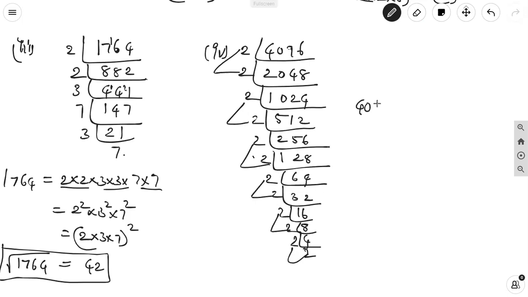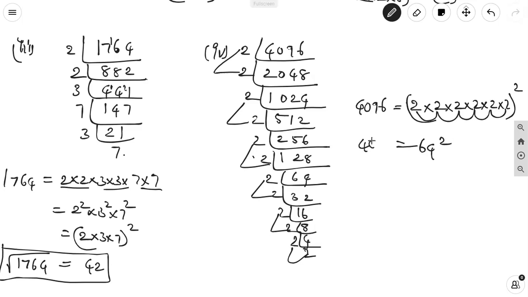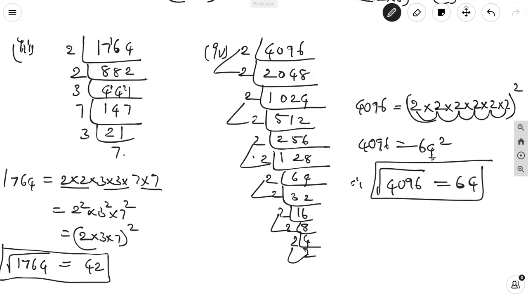So 4096 can be written as 2 into 2 into 2 into 2 into 2 into 2, 6 pairs, whole square. 2 twos are 4, 4 twos are 8, 8 twos are 16, 16 twos are 32, 32 twos are 64. 64 square equals 4096. Therefore, the square root of 4096 equals 64. It is the answer.